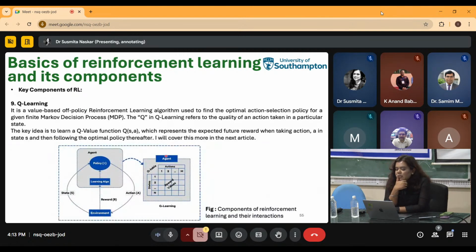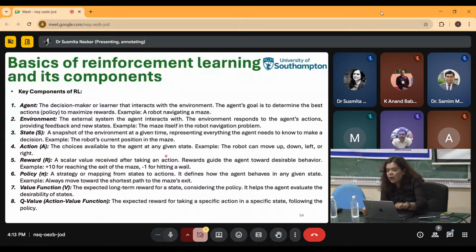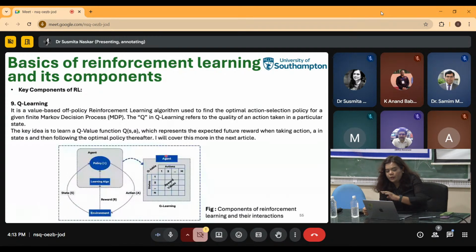So now let's look into the next one, which is Q learning. Q learning is a value-based, off-policy reinforcement learning algorithm. This is the continuation of the Q value. So what is Q learning? As we said, it's a value-based off-policy reinforcement learning algorithm.